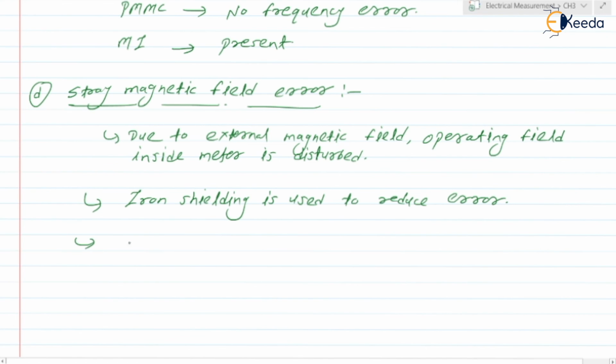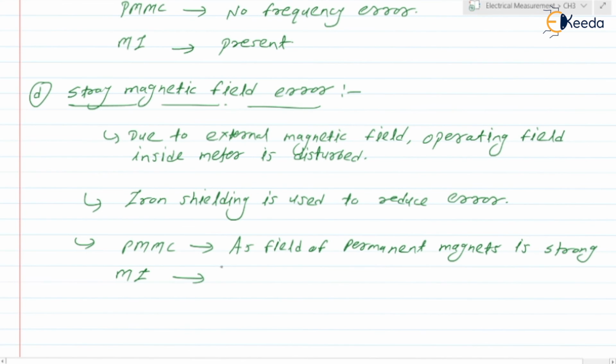Now in PMMC and MI, in which case will the stray magnetic field error be more? In PMMC we have a permanent magnet, and its field will be stronger than the field of the electromagnet in the moving iron instrument. So the stray magnetic field error will be lesser in PMMC, as the field of the permanent magnet is strong and therefore the error is lesser.